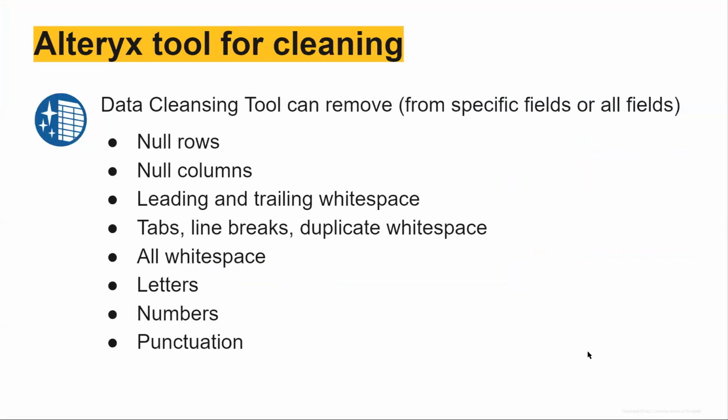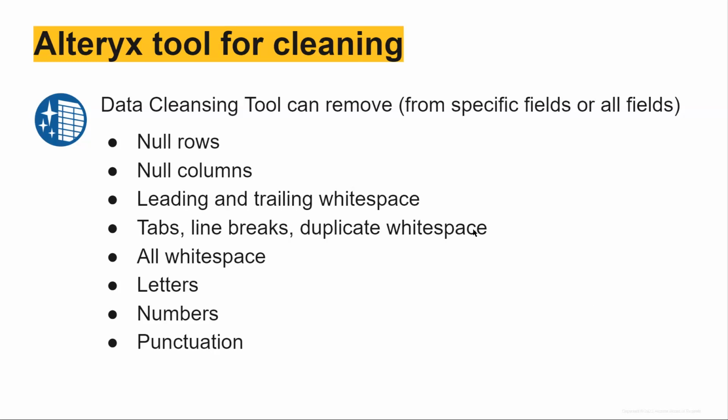Okay, we're moving on to the next data wrangling step, which is cleaning the data. And Alteryx has a great tool called, logically enough, the data cleansing tool. And I won't go a lot into it, except just to say that you can designate that it applies any one or all of these data cleaning techniques to specific fields or all fields.